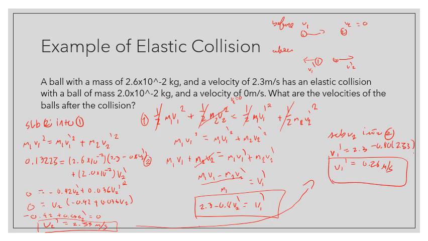So the final velocities of the balls after the collision are v1 prime equal to 0.26 meters per second, and v2 prime equal to 2.55 meters per second.